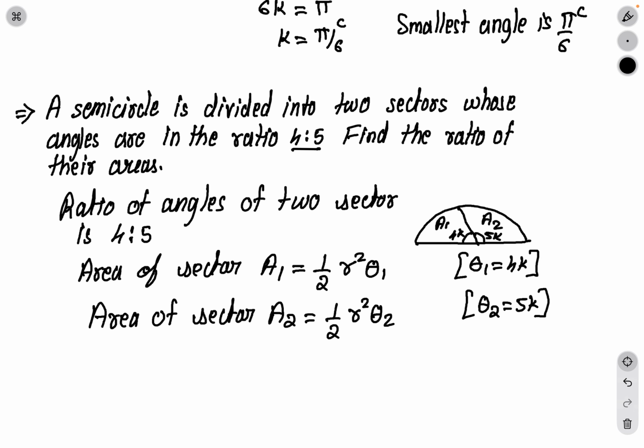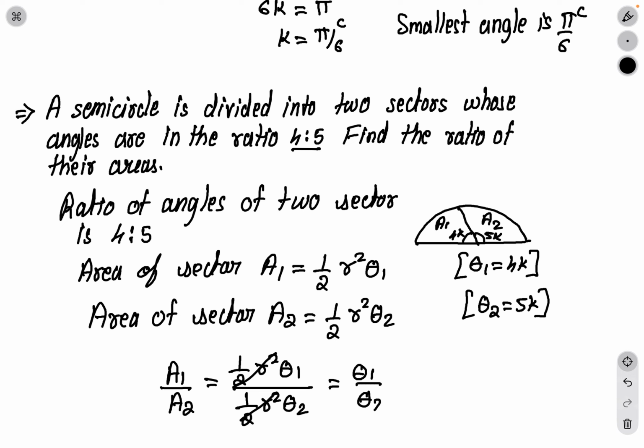Now we'll take the ratio A1 upon A2, that is equal to half R square theta 1 upon half R square theta 2. This will get cancelled. That is equal to theta 1 upon theta 2. Theta 1 is 4K and theta 2 is 5K.